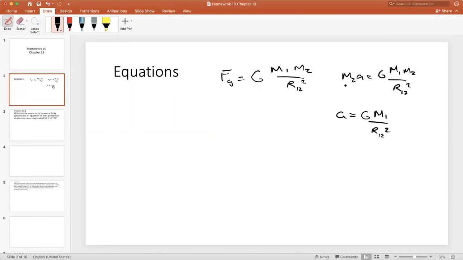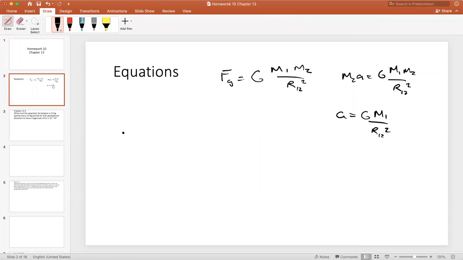Similarly, you could write M1 A is that, which will give you A is G M2 over R squared. Equal and opposite forces. The force is the same for each of them. The acceleration is different for each mass, usually, unless they were equal.